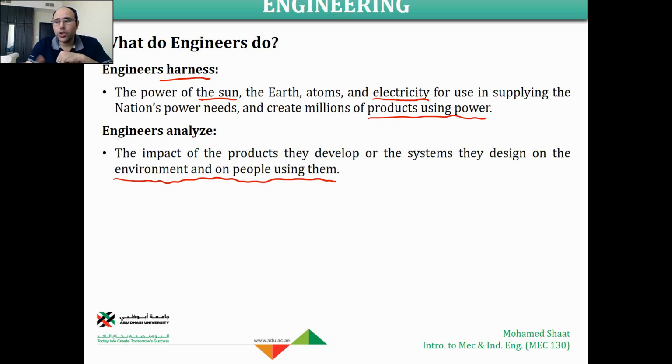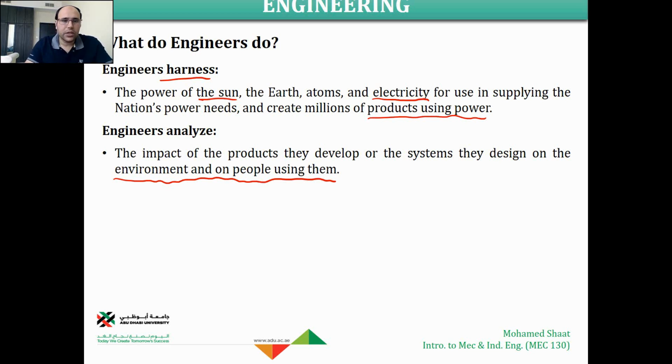For example, is it going to badly impact or affect the environment or not? If it is a bad thing, we have to avoid it. We have to come up with another thing. The same thing, what is the effect of this technology on people, right? So these things should be considered and taken into account when we design, when we create something new, as one of the things that we should do as engineers.